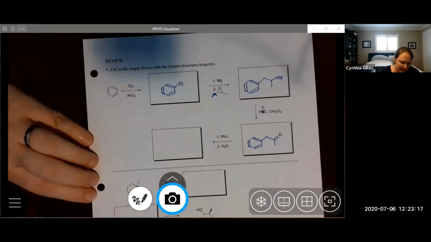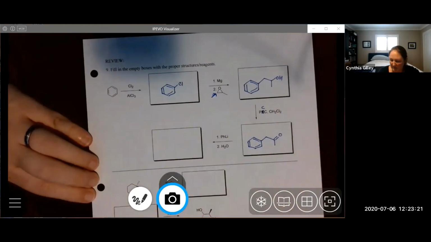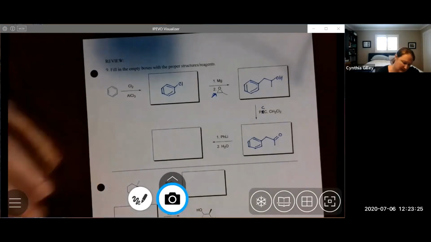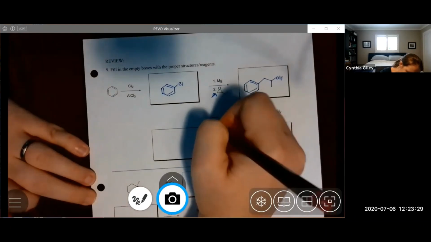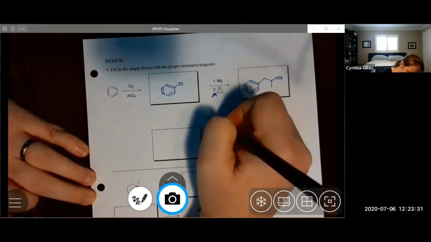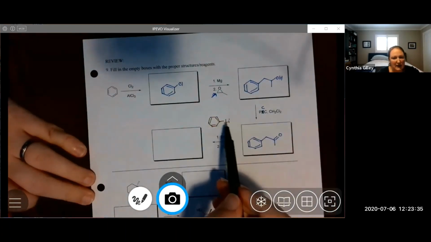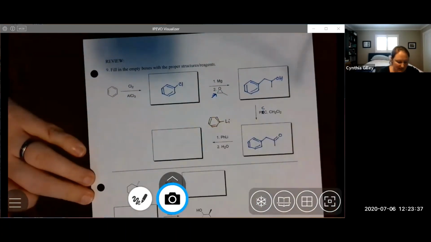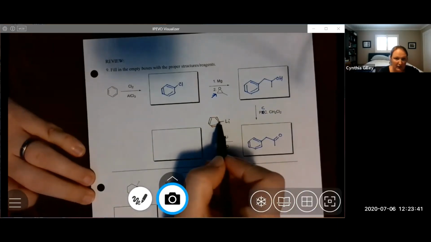And then this might be a little bit weird to you. When have we ever seen lithium, right? But basically this is the equivalent of a Grignard. So if you have a phenyl attached to a lithium, it's going to be very similar as if it was attached to magnesium. It's a highly polar bond with the electrons residing around the carbon.